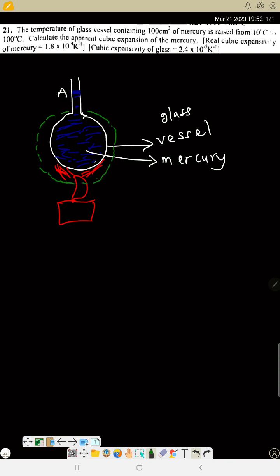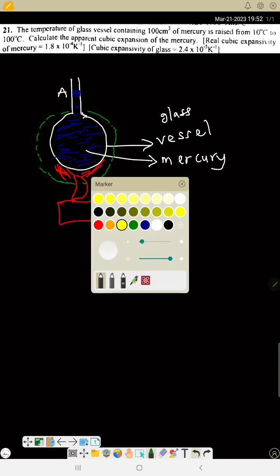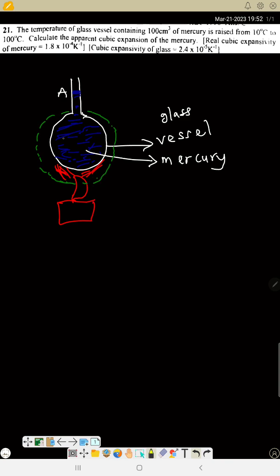So now as the vessel expands, the mercury inside this vessel will reduce, because if the vessel expands, then the mercury will reduce to a certain level like this. Let's call this point B.